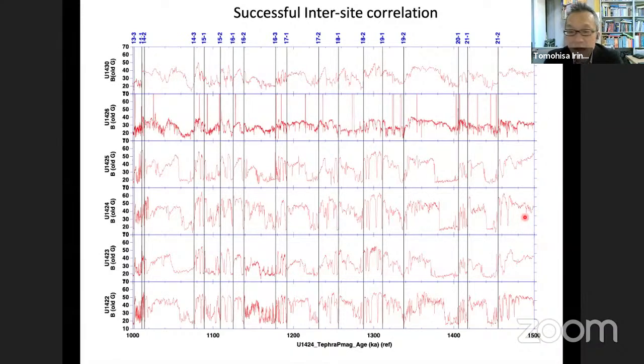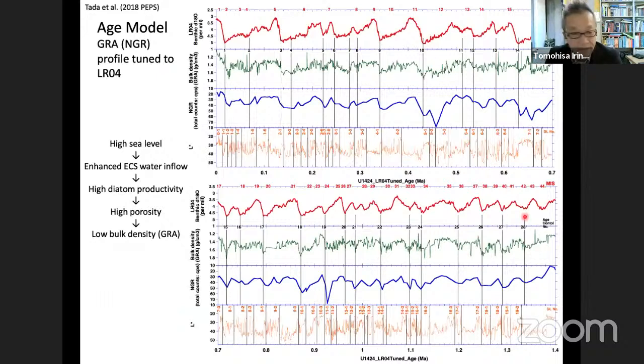As for the age model for the Japan Sea sediments, we established a precise one at U1424, which is a very typical sequence in this core set. It has been known that the Japan Sea sediment is highly sensitive to sea level changes.